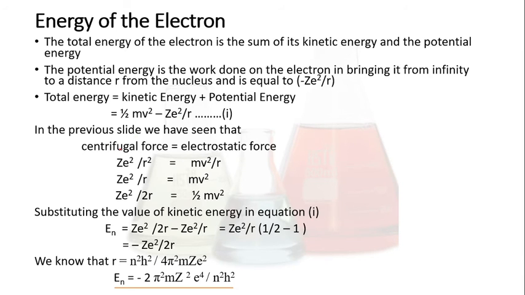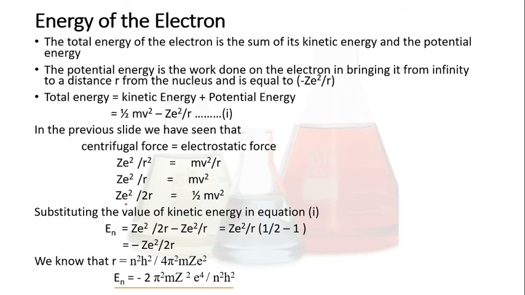So in the previous slide, when we calculated the radius, we had taken that centrifugal force is equal to electrostatic force. That is z square upon r square, which is equal to mv square upon r. So in z square, this r gets cancelled with another r. What remains? Z square upon r into mv square.